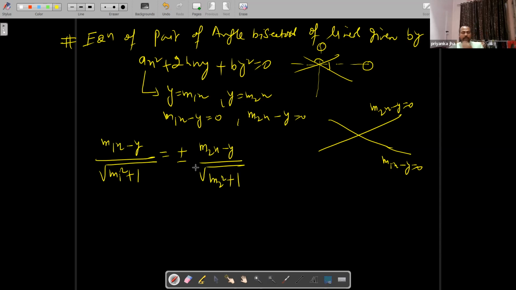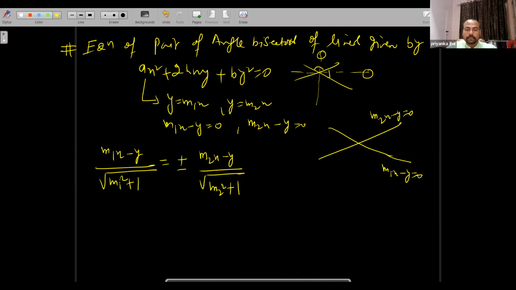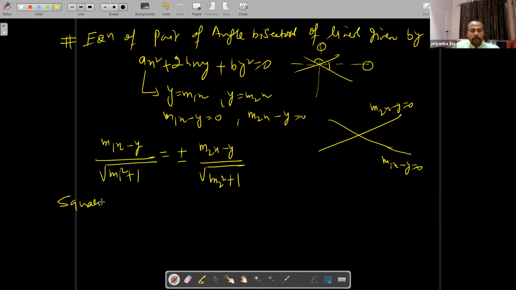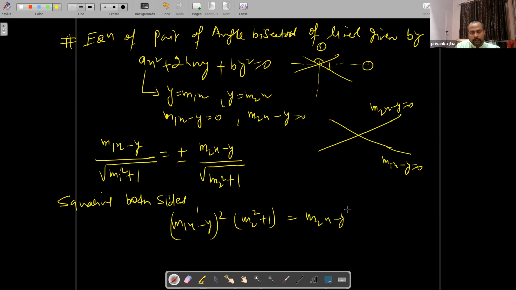Now you just have to square it. You have to solve it a little bit. Squaring both sides, it will be m1x minus y whole square, and then cross multiply. This will be m2 square plus 1, and this is m2x minus y whole square into m1 square plus 1.